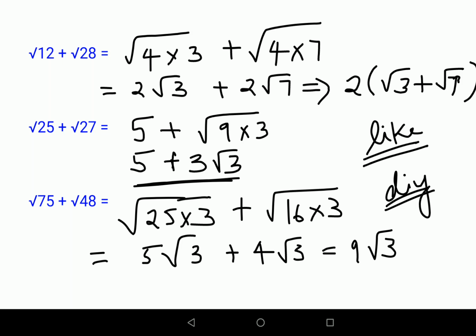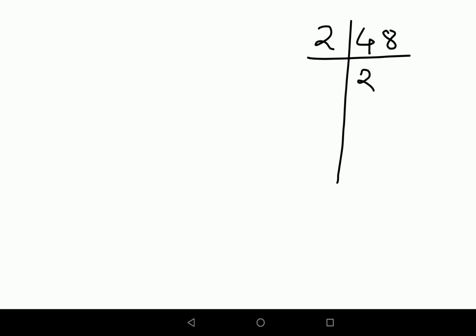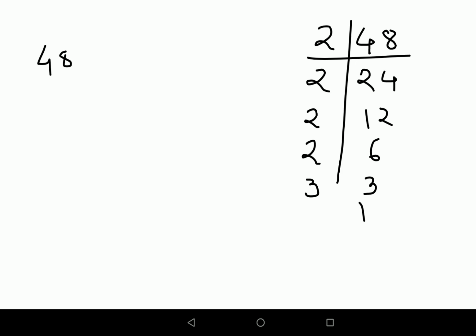For those of you who got confused, who do not know how to do the factor method, I'll just show you over here. So 48, you will do this as what? 2, 24. Again 2, you will get 12. Again 2, you will get 6. Again 2, you will get 3. Then 3 and 1. So now 48 can be written as 2 into 2 into 2 into 2 into 3.